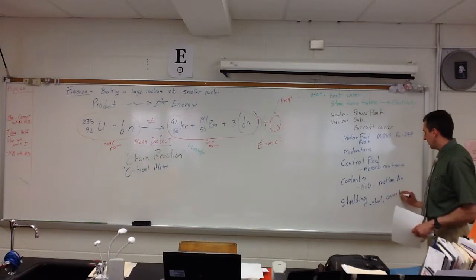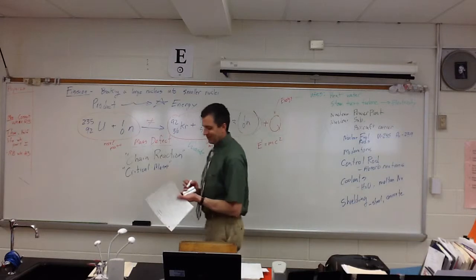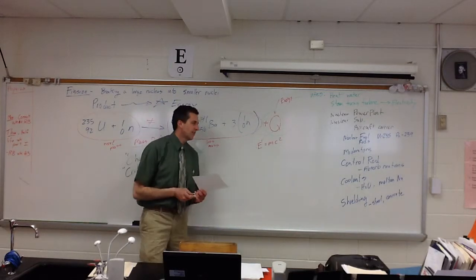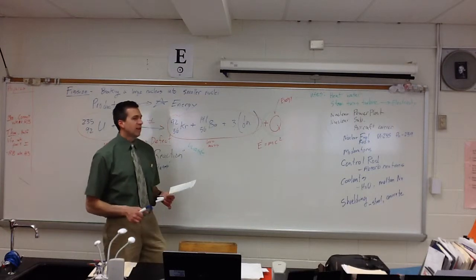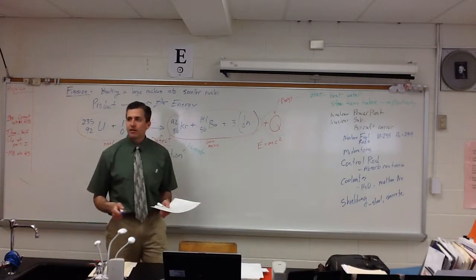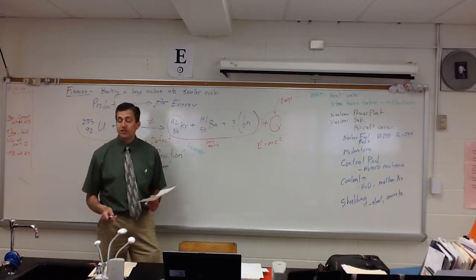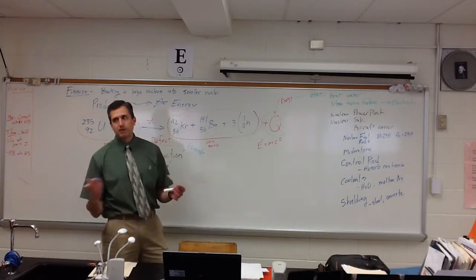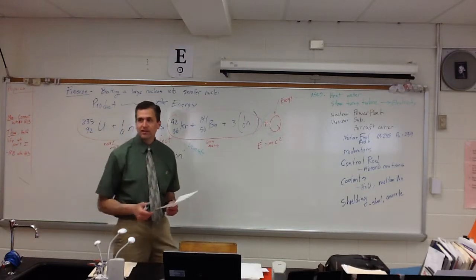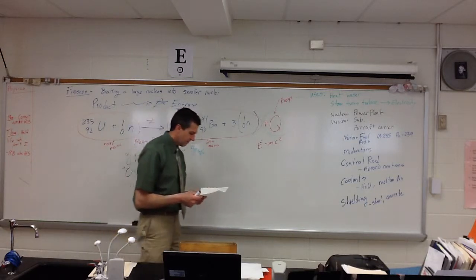But I'm sure you can imagine that on a ship, you don't want to be putting a lot of concrete to shield you, because you're adding a lot of mass there, so that's not really a great idea. But if you're doing this on a power plant, the shielding with concrete is great, yeah? Do they ever use lead for shielding in power plants? Yes, lead is another really good one. But again, the mass of it is restrictive. So you've got different types of shielding.